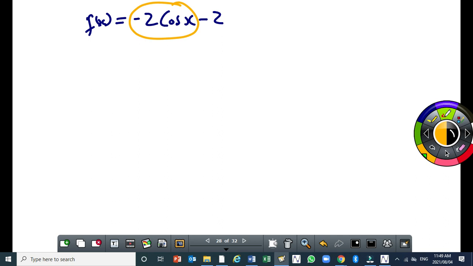So if I were to ask you in words what happened, the question would be the graph of y equal to cos x, right? This graph was stretched by 2 units to a new graph which would be y equal to 2 cos x.